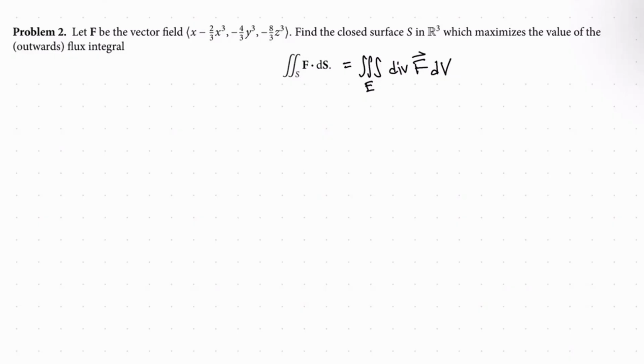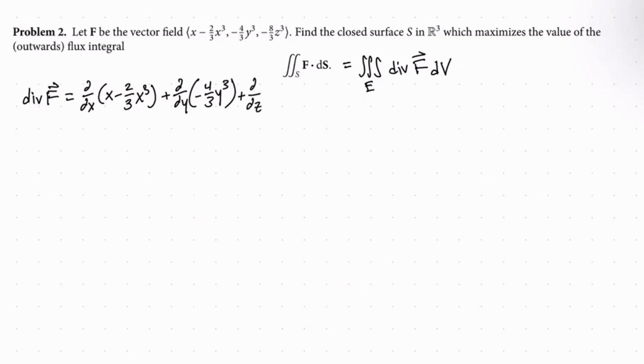We can calculate the divergence of F. It's going to be the partial with respect to x of this first term, plus the partial with respect to y of the second term, and the partial with respect to z of the third term.